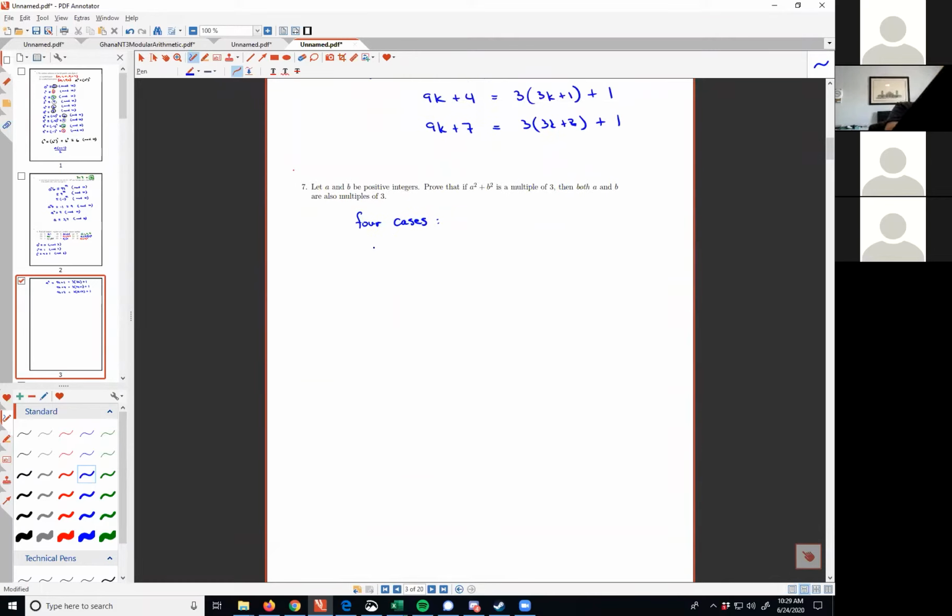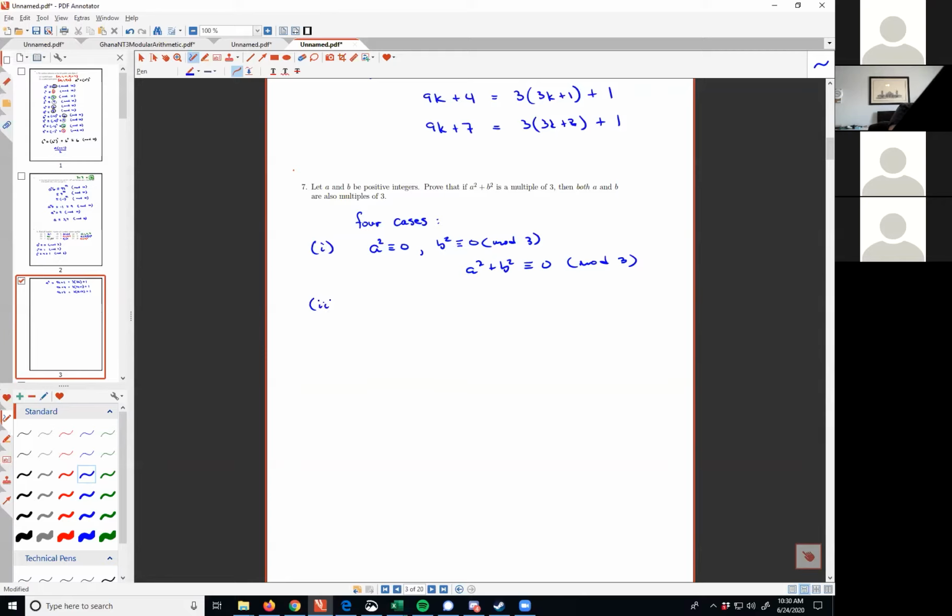I'm going to say a squared is 0 and b squared is 0 modulo 3, in which case a squared plus b squared is 0 plus 0, which is 0 modulo 3. Okay, that was case 1.